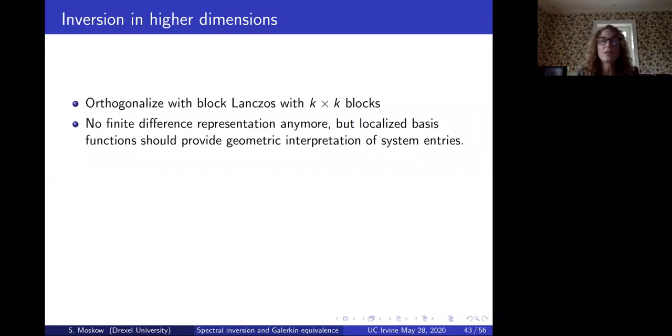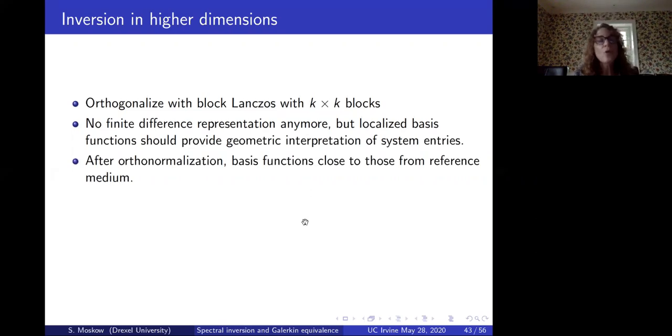So we can take this reduced order model, a block tridiagonal system, and in order to extract the unknown medium from it, the localized basis functions should help.